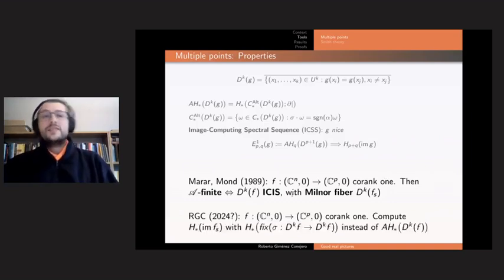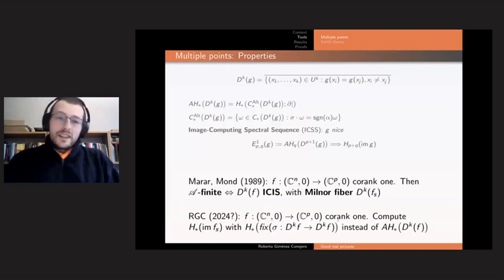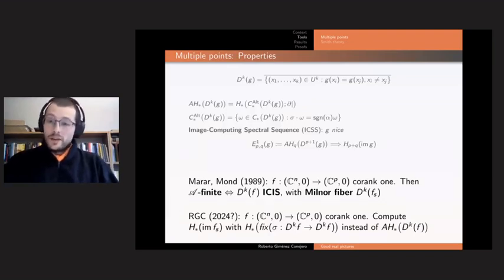And the other key thing is that I proved in a preprint that in the same conditions in corank 1, instead of looking at the alternating homology, which in general could be very hard to compute or very hard to access, instead of computing this guy, you compute the usual homology, the homology that we know.